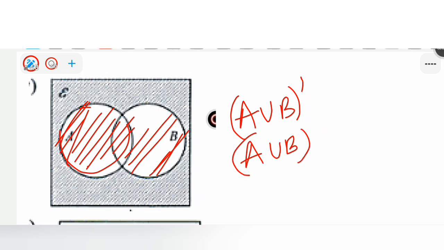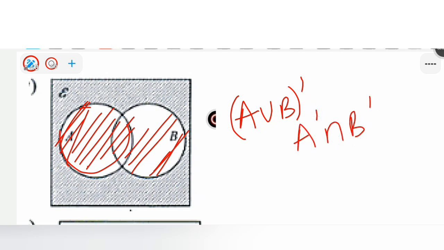So it's still the same thing. And you can also write this one in another way. If you prime this, that will be A prime intersection B prime. You can also see it like this in your option in case you don't see this one there. Both of them are the same thing. So let's move to the next one.